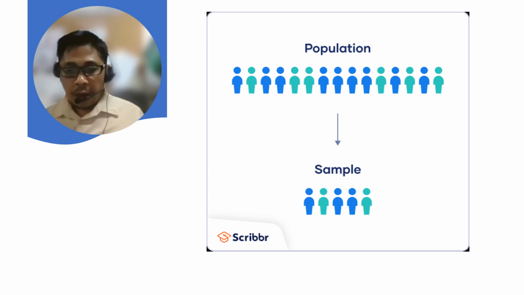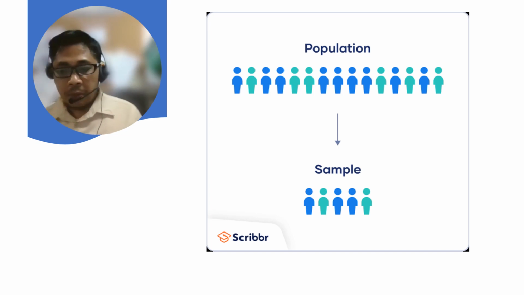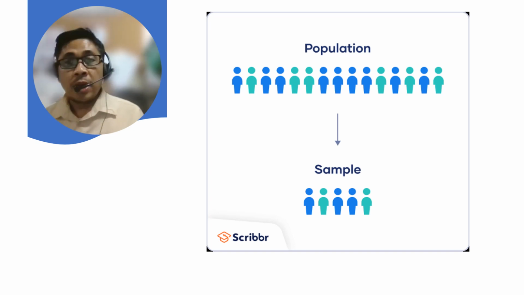So the sample used by researchers should closely resemble the population. All the participants in the sample should share the same characteristics and qualities. So if the study is about male college freshmen, the sample should be a small percentage of males that fit this description.